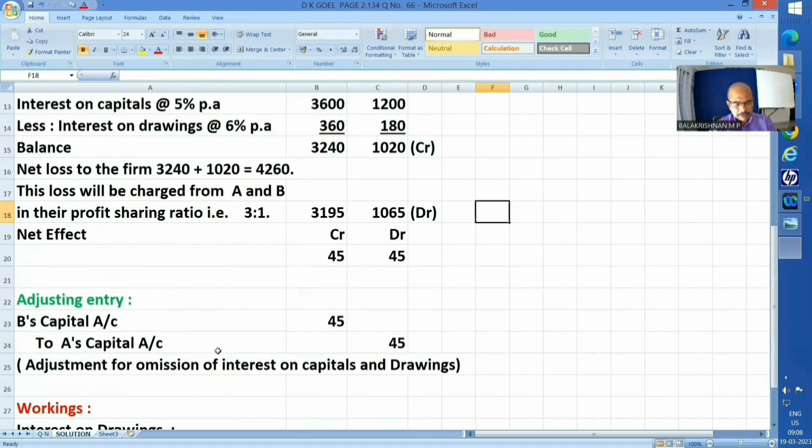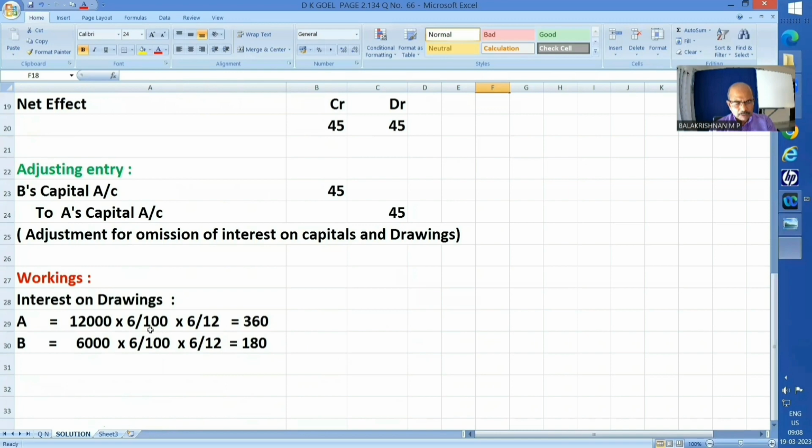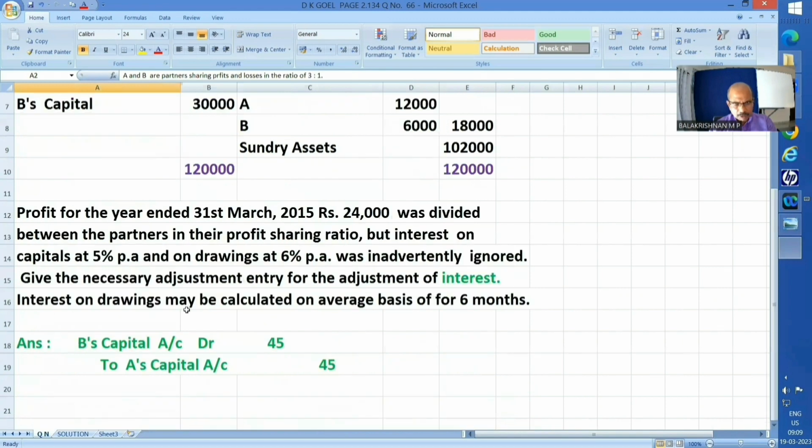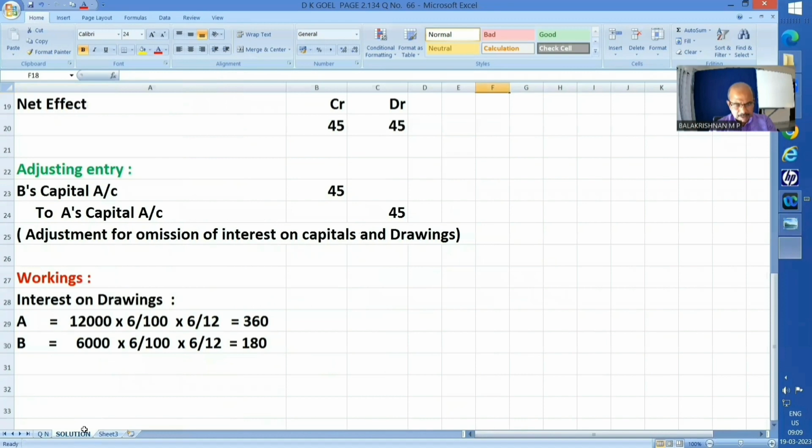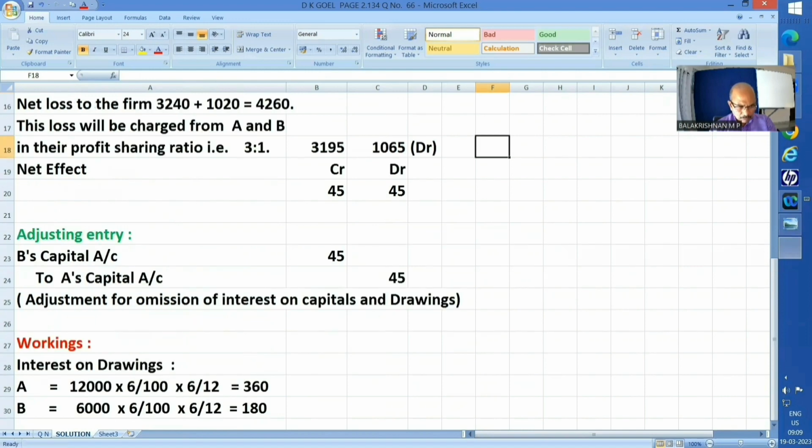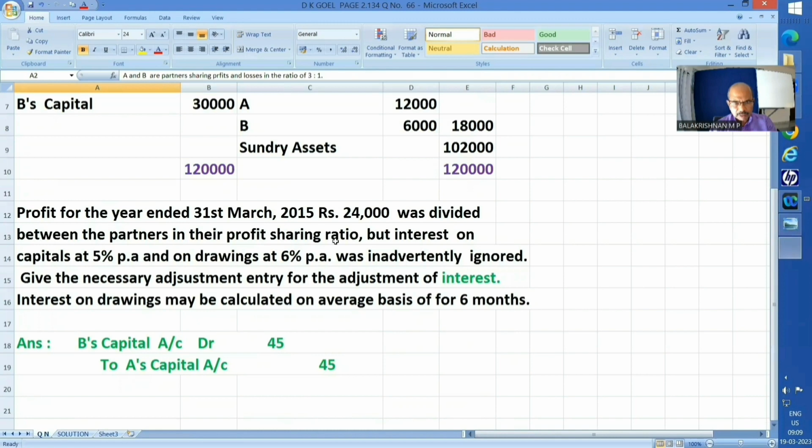If you want calculation, it is like this: 12,000 into rate into average 6 by 12. They have been very specific: interest on drawings may be calculated on average basis of 6 months. So 360 for A and similarly for B, it will be 180. Drawings amount, of course, 12,000 and 6,000.